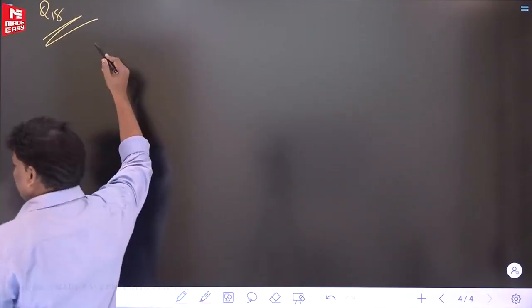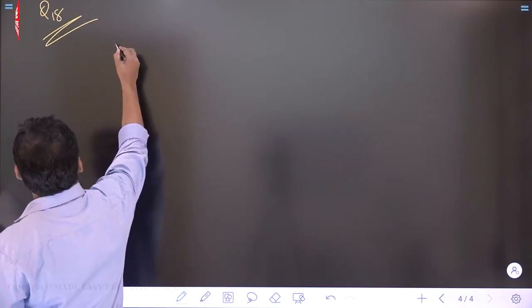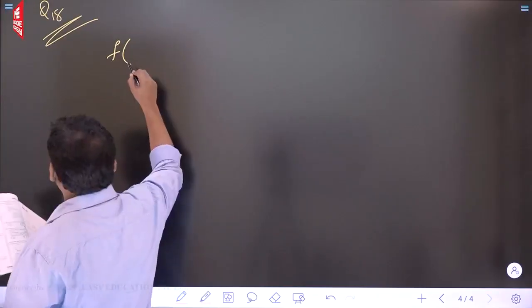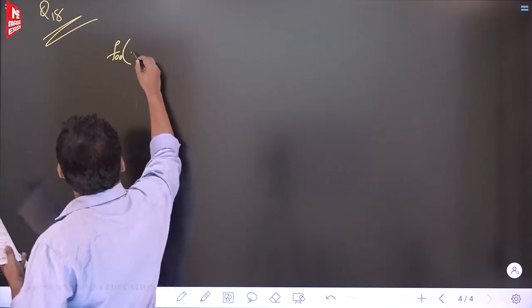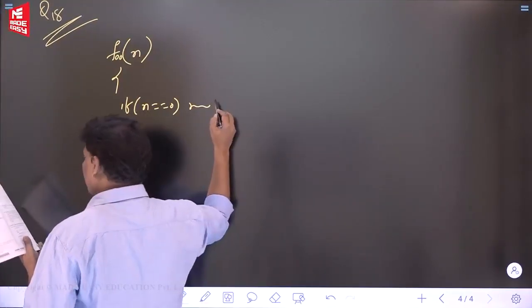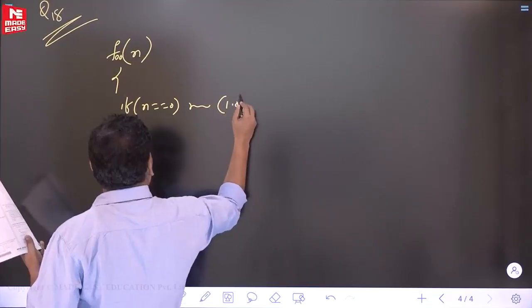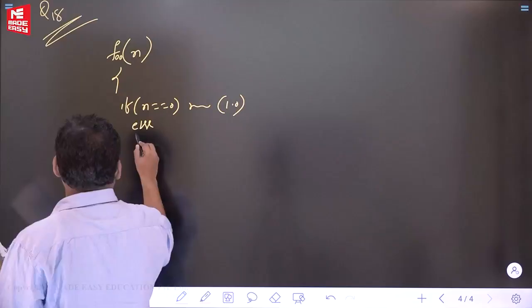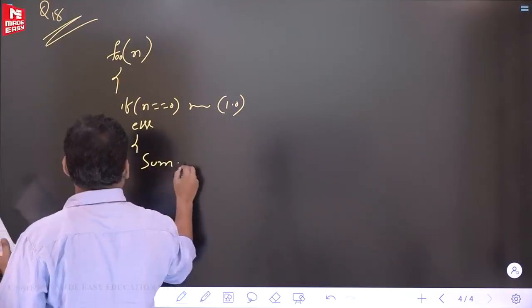What is the function name? Some f, F or foo, whatever it is. Question number 18, function name is f. If you want, I will write foo of n. Inside, if you observe, if n is equal to 0, then return 1.0. Else sum is equal to 0.